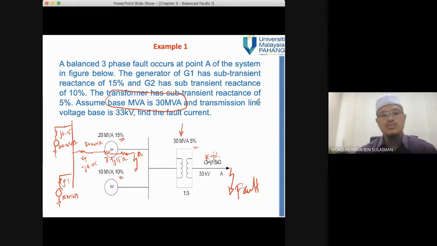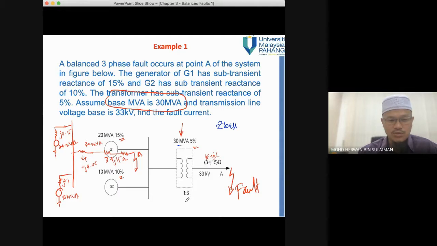Next we need to identify, because our system is not in per unit. Everything in per unit except our line, we have ohms here, meaning that we need to find the what? You can cari your Z base. Okay, sebab kita nak bagi jawapan kita dalam per unit. So since kita refer pada transformer 30 MVA sebagai base ataupun sebagai kita punya reference, base 30 MVA and then dekat line 33 kV.